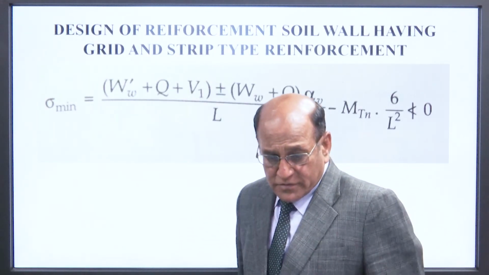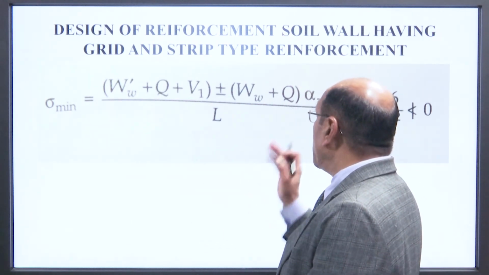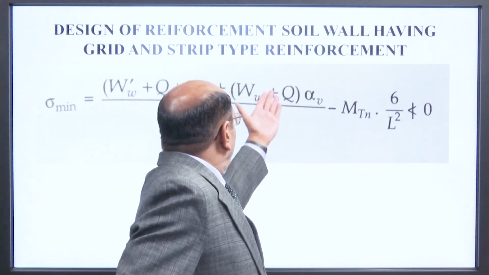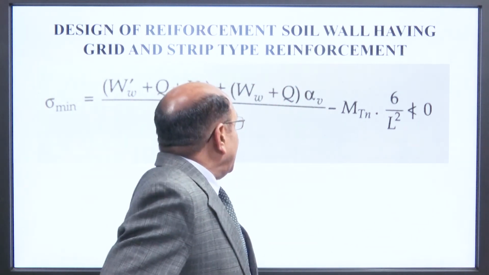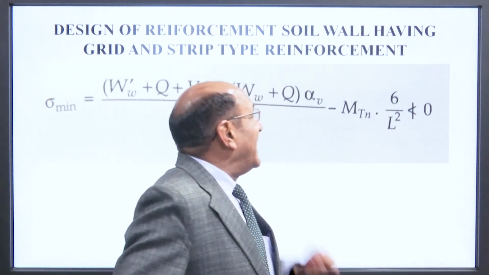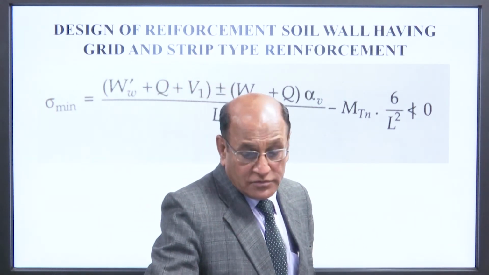So the sigma minimum should be (W dash W plus Q plus V1 plus minus (W plus Q) into alpha V) divided by L minus MTN into 6 by L square, which should be greater than 0.